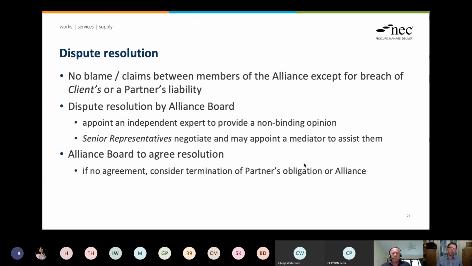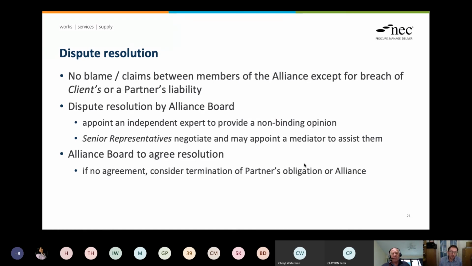It seems to me that if you still can't resolve it, then depending on jurisdiction, people can still go to, say, arbitration or litigation if there remains a dispute, notwithstanding the fact that termination may occur, as it says at the bottom there.